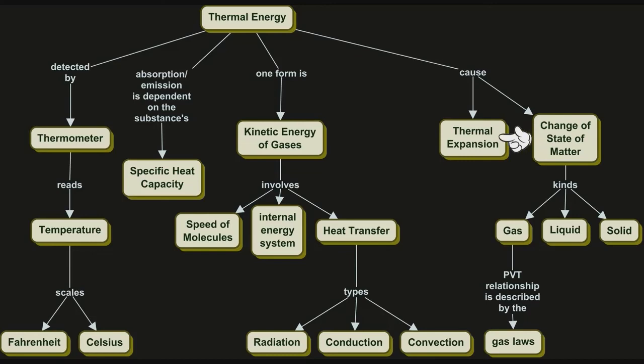Going back to thermal energy, it can cause thermal expansion of some objects. Thermal energy can also change the state of matter. These are solid, liquid, and gas. Under the pressure, volume, and temperature relationship, this gas can be described by the governing law of the gas laws.